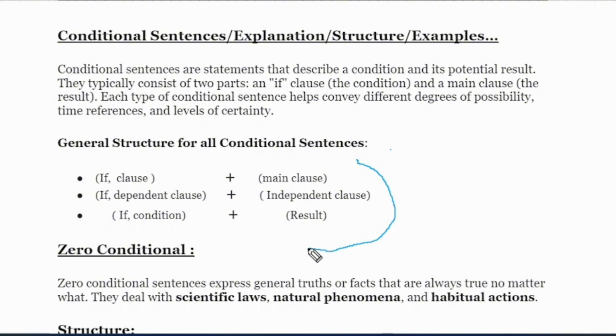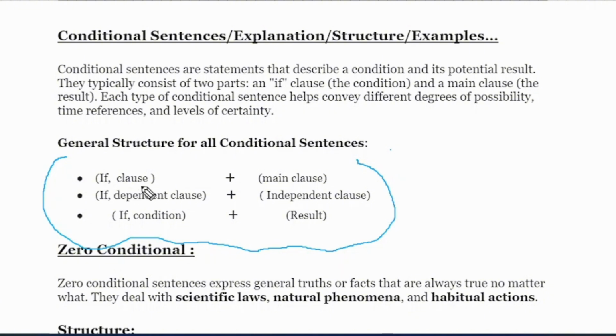It starts with an if clause. If can be replaced with when, which is also used in conditional sentences. You have the option to use either when or if.